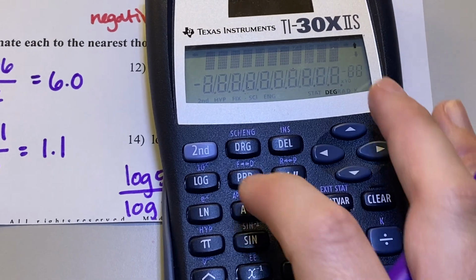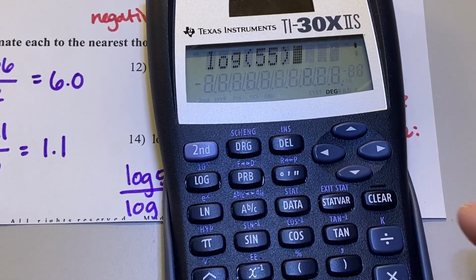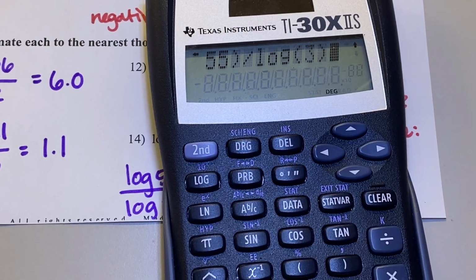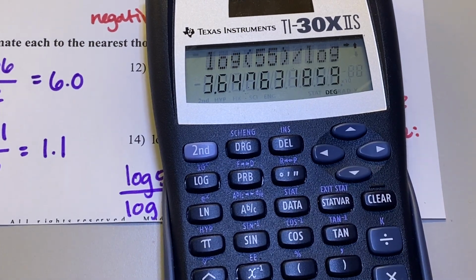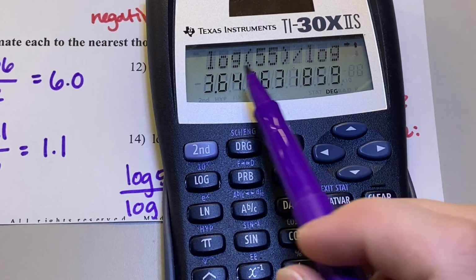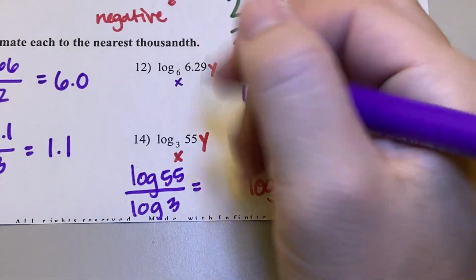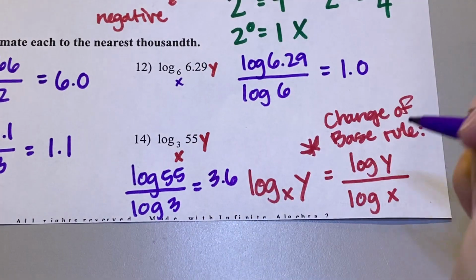Okay, so I have log of 55, close parentheses, divided by log of 3, close parentheses. Ooh, what's this one gonna round to? Nice, my 4 is below 5, so the 6 is going to stay a 6. So 3.6.